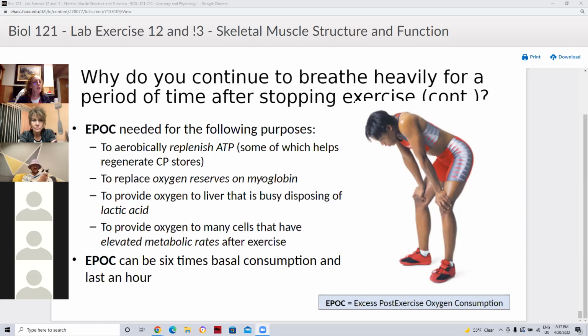And provide oxygen to many cells that have elevated metabolic rates after exercise. This excess post-exercise oxygen consumption can be at least 6 times your basal, your normal amount of breathing, and lasts for about an hour.